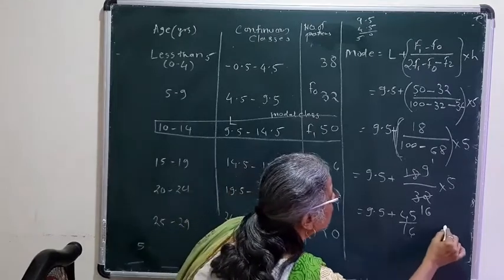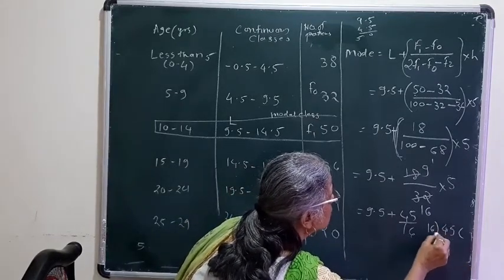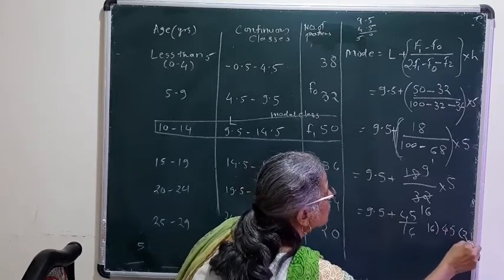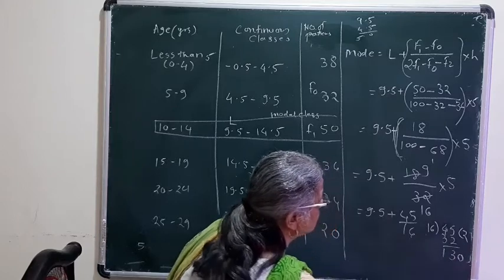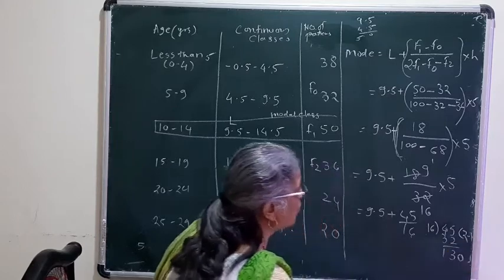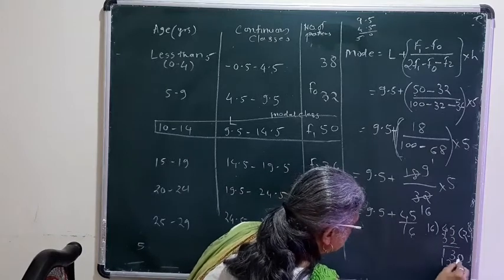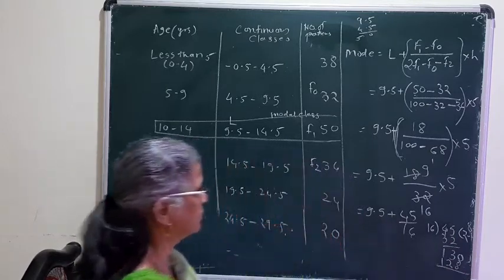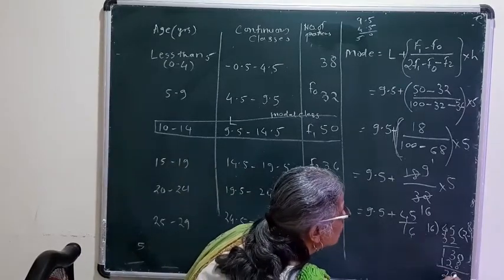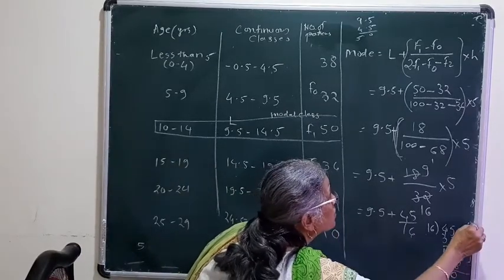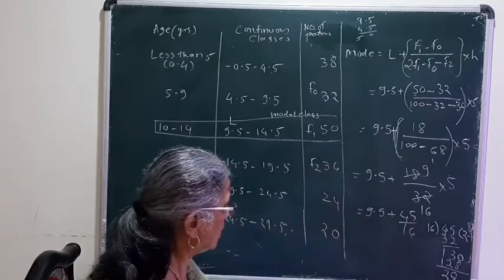So how much will be 45 divided by 16? 16 2s are 32... So 2.81.